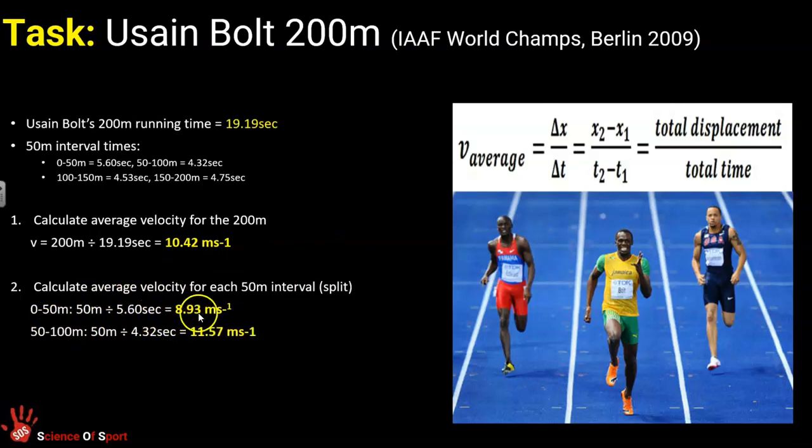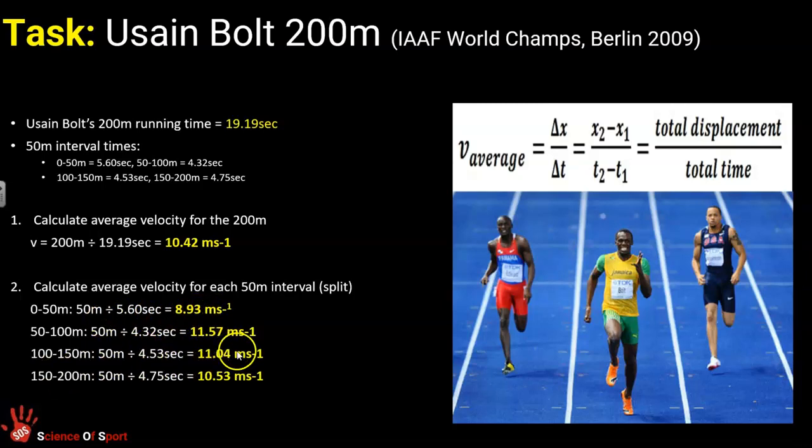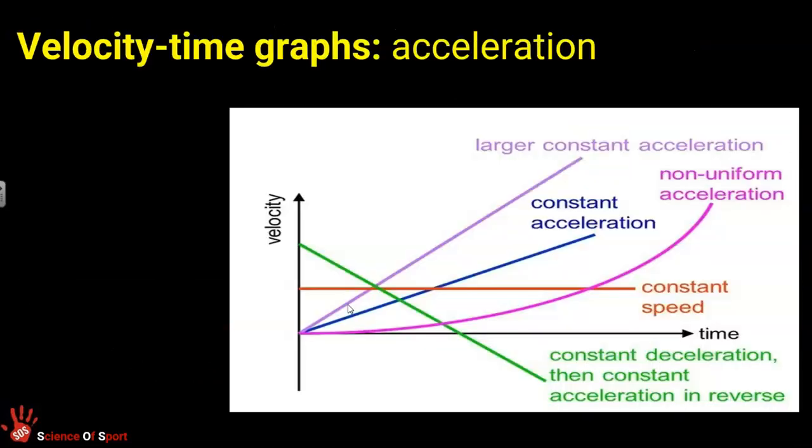So the first 50 meters was 8.93. The second 50 meters was 11.57, then 11.04, then 10.53. And you can see the first 50 meters was his slowest and the second 50 meters was his quickest. Slightly more interesting velocity analysis there by breaking down into 50 meter intervals.